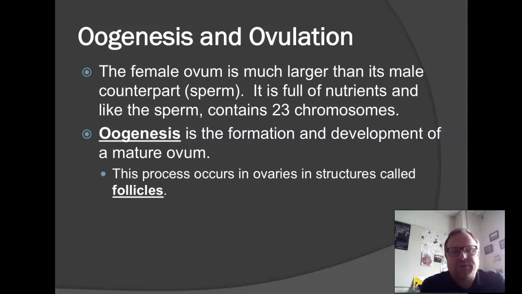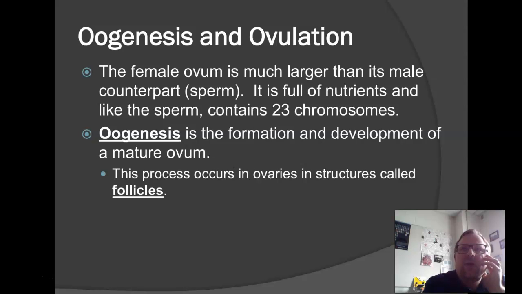sexually mature lives. So the female ovum is much larger than its male counterpart. I've told you this before. The sperm, or the male gamete, is very small. It's the smallest cell in the human body, or half the human bodies. And the female, the egg, or the ovum, is actually the largest when we look at it.